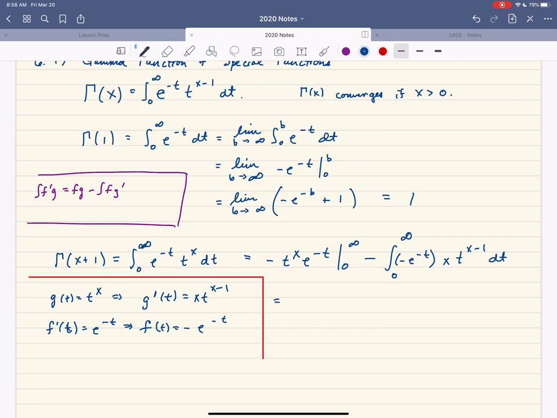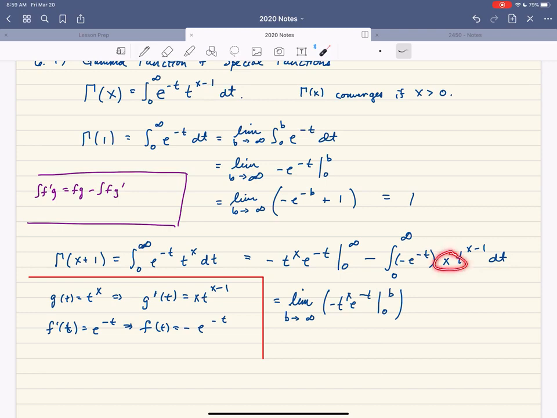And again, if you really want, you could write this as the limit as b goes to infinity of negative t to the x e to the negative t evaluated from 0 to b. And then let's simplify this other part. Notice that our integral is with respect to t, so we have a dt.